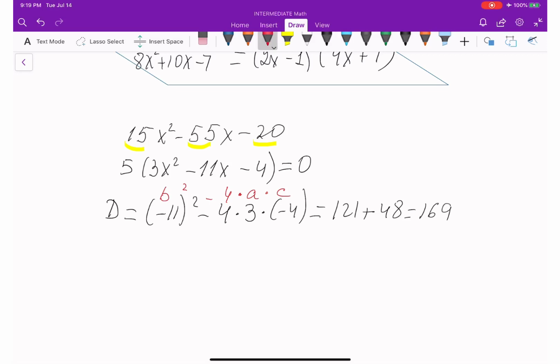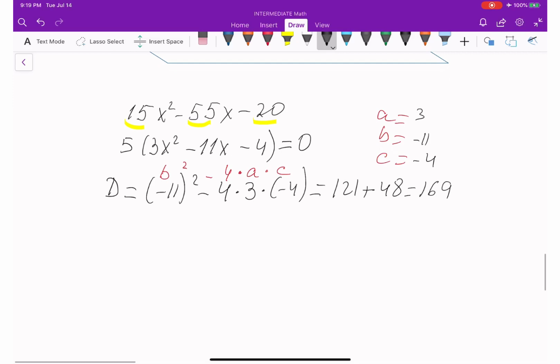So let me write it down, because I made a habit of it, if it helps you. A is 3, B is negative 11, and C is negative 4. Moving on, x1,2 is equal to negative b plus minus square root of the discriminant over 2a.